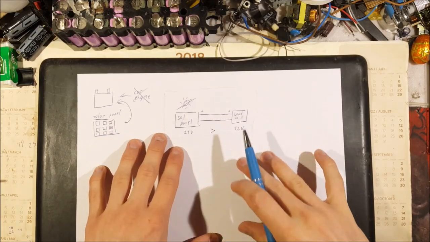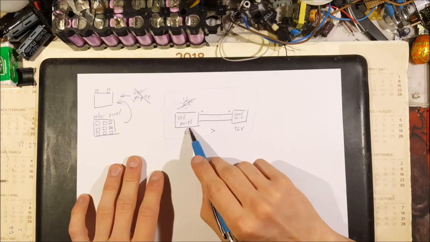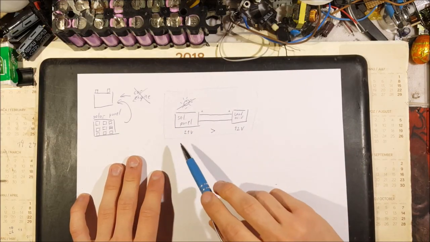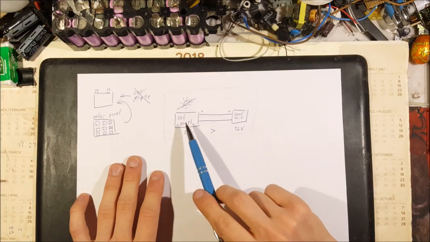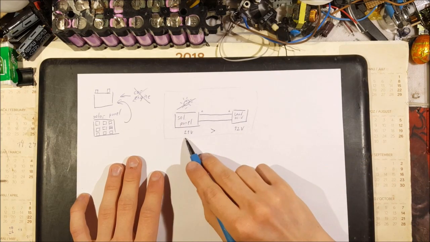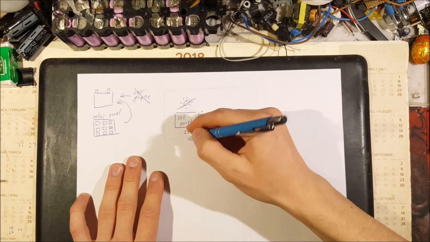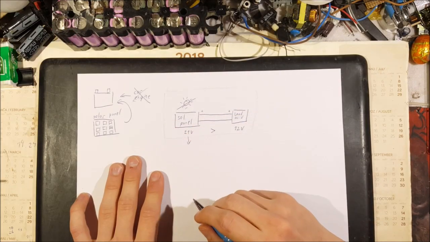It isn't, but let's simplify this circuit by just saying that our solar panel doesn't generate constant voltage but constant power, meaning that the more current you draw from this 21 volts, the more the voltage will drop.